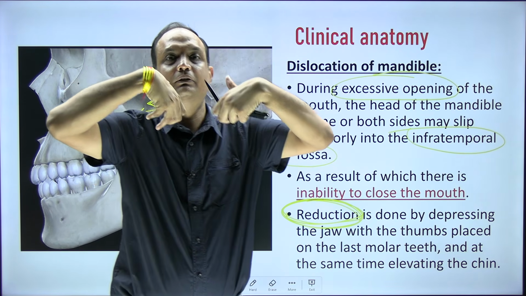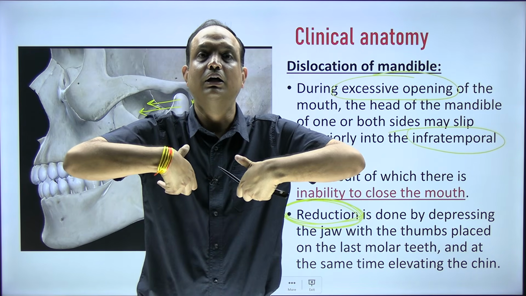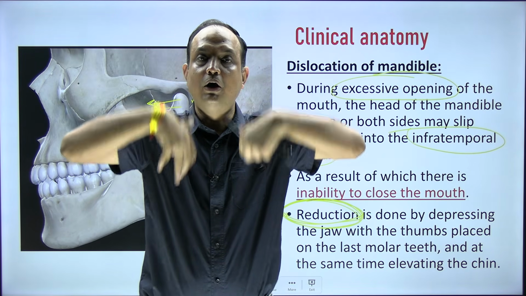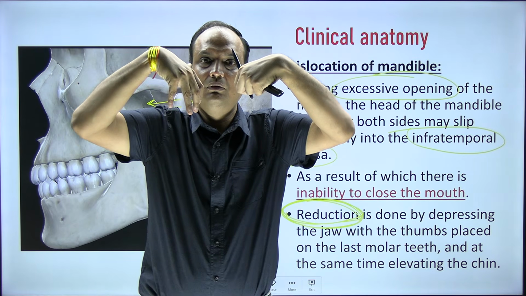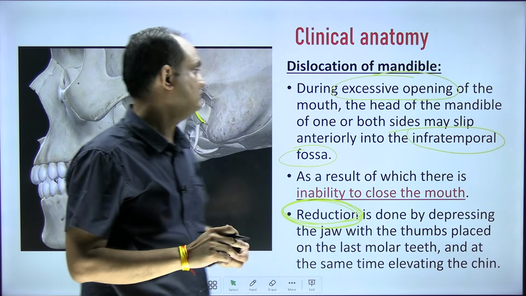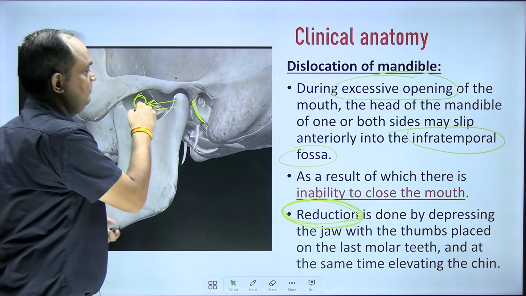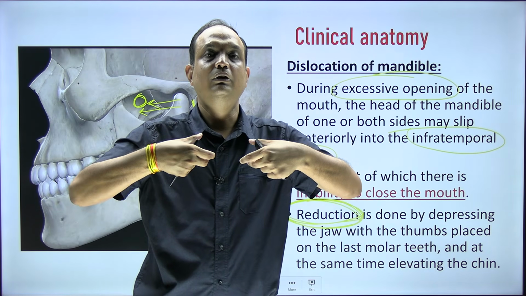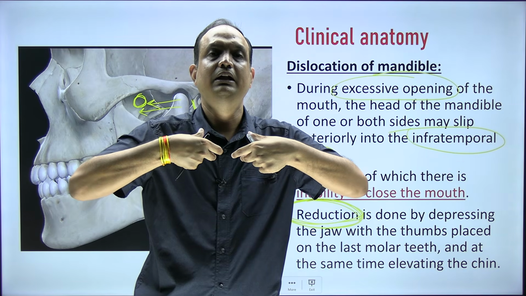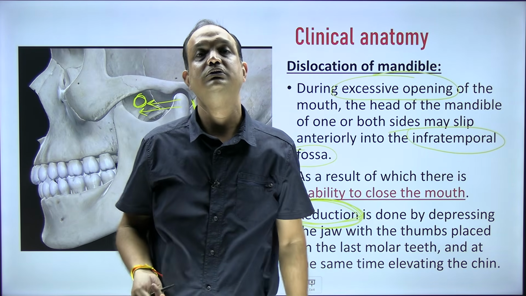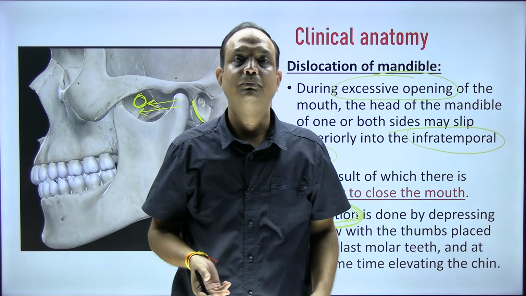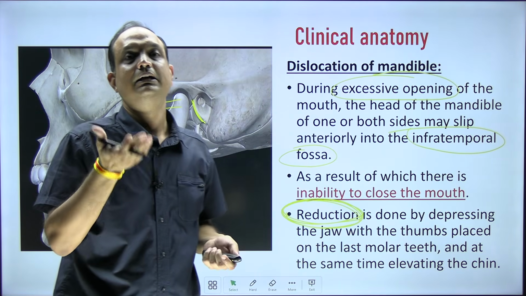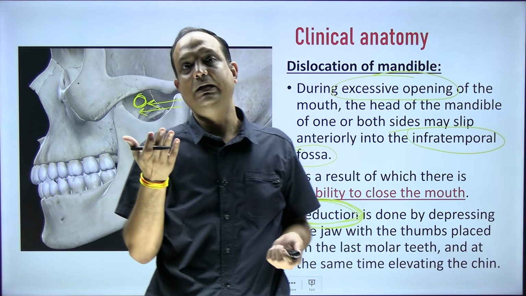When you provide the pressure on the third molar, the mandible will go down. When the mandible goes down, the head which has been stuck in the infratemporal fossa will come out from it. Then you push the mandible posteriorly and at the same time close the mandible. With that process, there is a reduction of the head of the mandible.